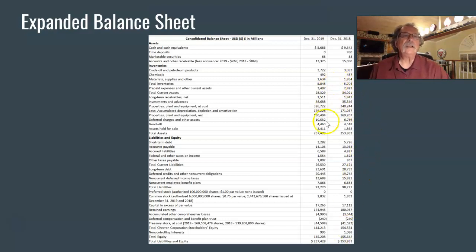Now, what's important here is these numbers shouldn't change very much from year to year. And what does very much mean? Well, I'm looking at this number, and my total assets from 2018 to 2019 have dropped by about $16 billion.